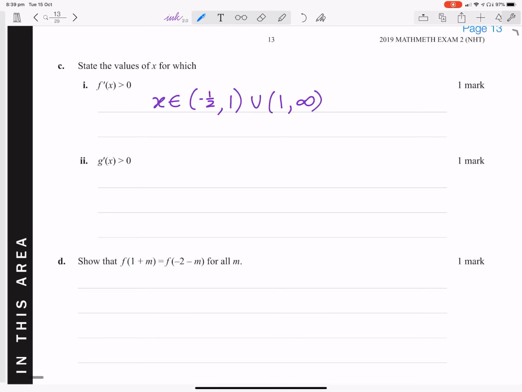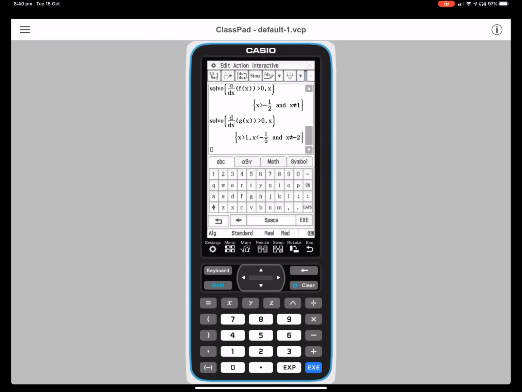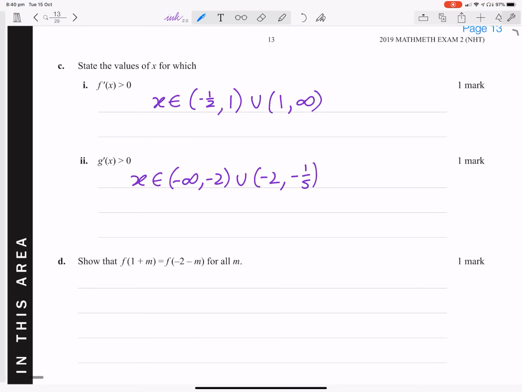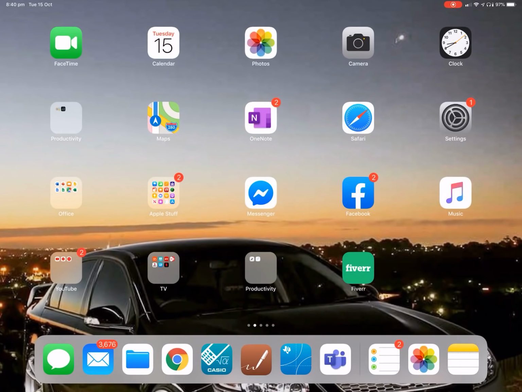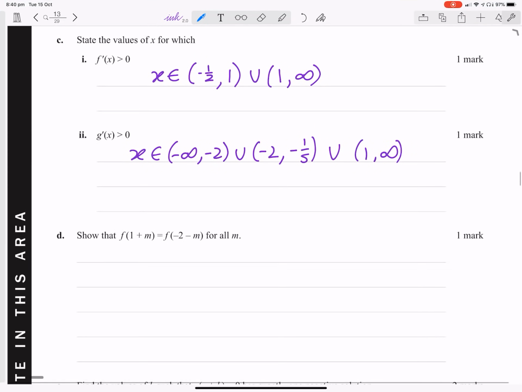Okay, so negative infinity to negative 2, negative 2 to negative a fifth, and x is greater than 1. 1 to infinity. There's no equal to's.